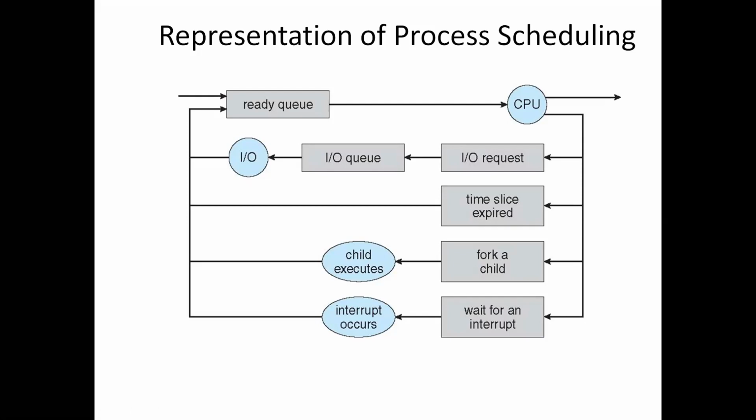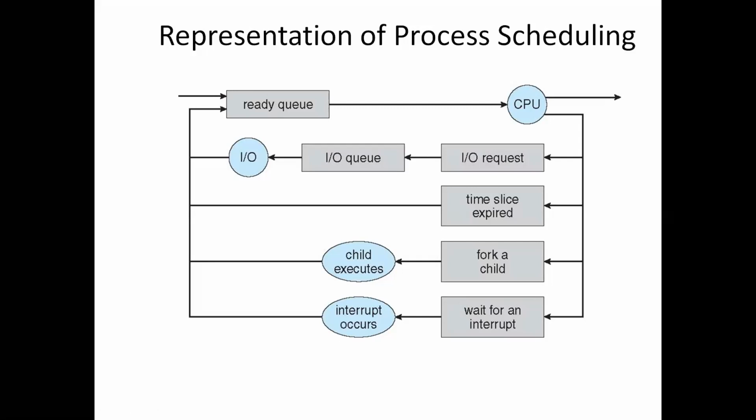Or the process can create a sub process and wait for the sub process to terminate. At that time the child executes, then it will migrate to the ready queue again. Or the process may be removed from the CPU as a result of an interrupt, and it can be put back to the ready queue.